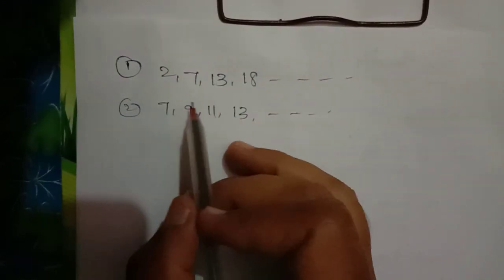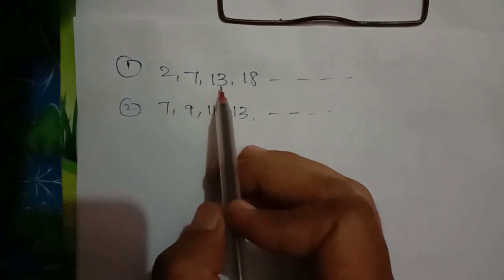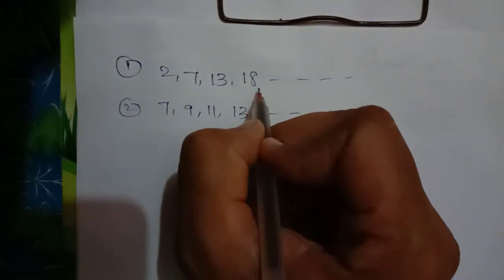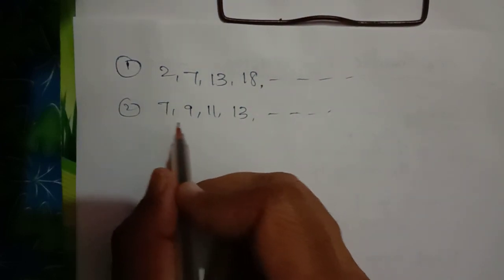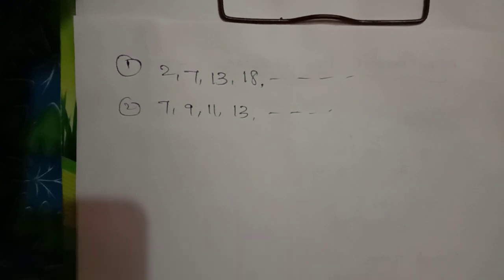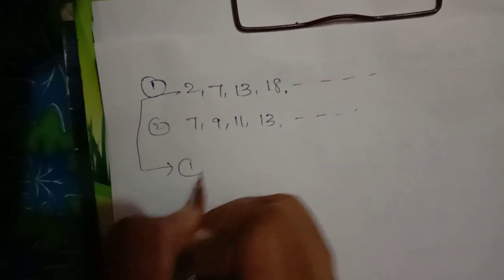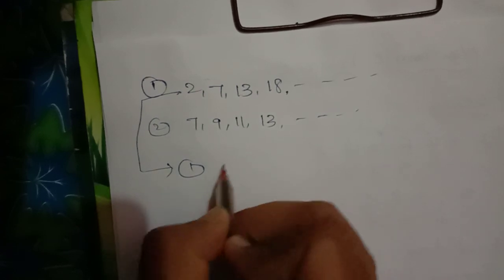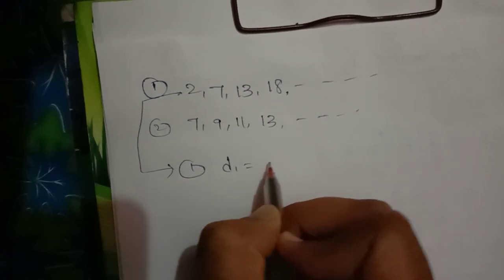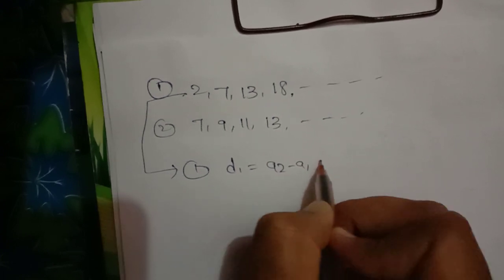See students, I have written here two series again, 2, 7, 13, 18, and here 7, 9, 11, 13. So let us see about the first one. Here d1 is the difference, a2 minus a1.